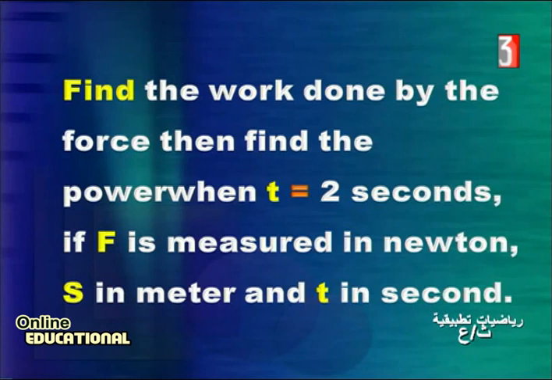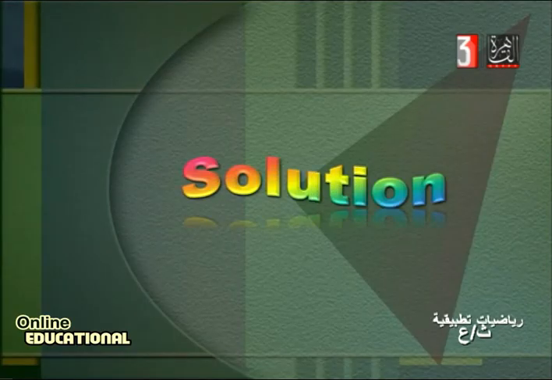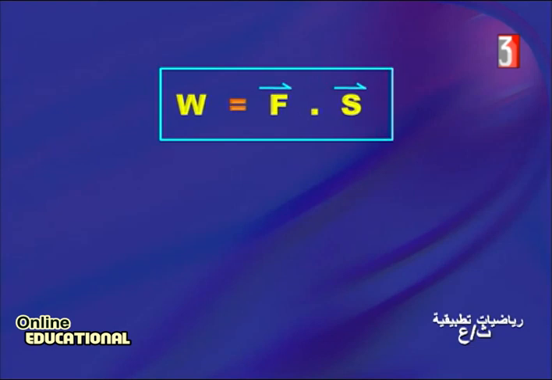Now we have a constant force and variable displacement or variable velocity. Then we must use the derivative of the work with respect to time to find the power of the engine.